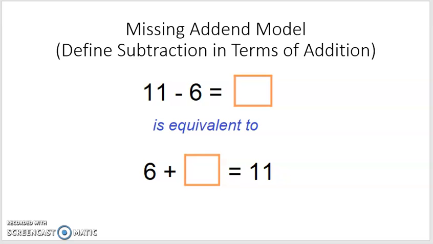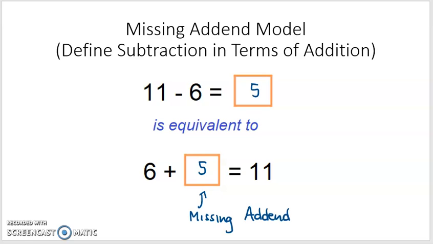You say, okay, 11 minus 6, what do I need to add to 6 in order to get to 11? What you're adding is the missing addend. So, in this case, what do you need to add to 6 to get to 11? That would be 5. So 11 minus 6 is equal to 5.